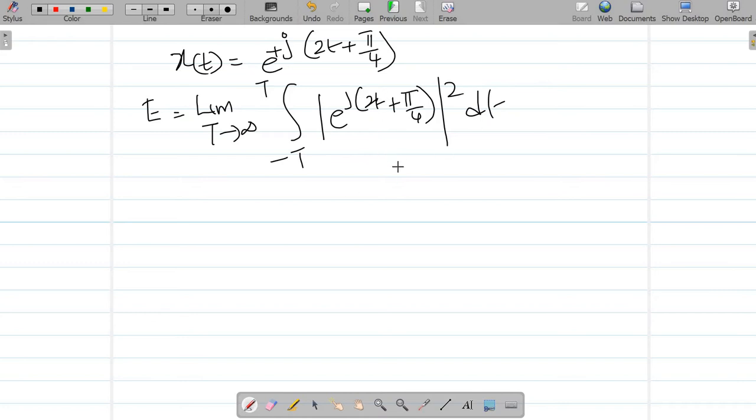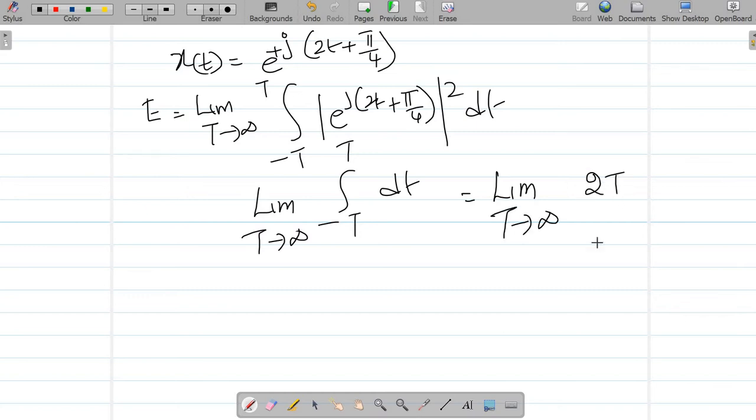Now you know that the magnitude is 1, so this becomes the integral from minus t to plus t of dt. Finally this is equal to the limit t tending to infinity of 2t, and this becomes infinity. So the energy is infinity, so it's definitely not an energy signal.